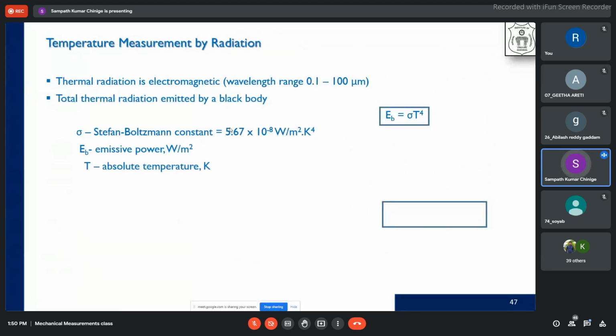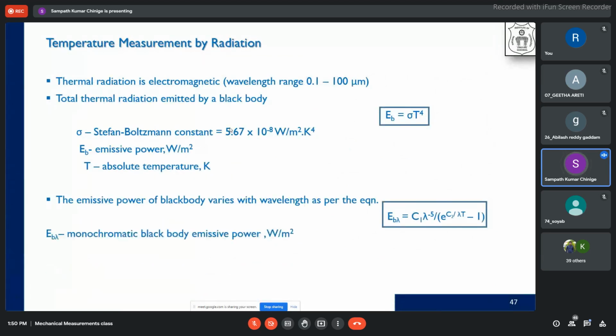Now let us look at what we mean by thermal radiation. Thermal radiation is an electromagnetic radiation emitted by a surface owing to its temperature. What does that mean?